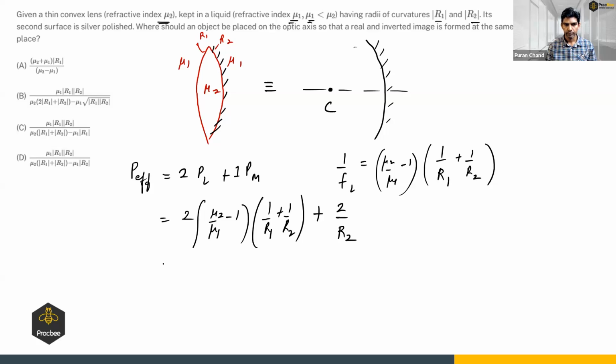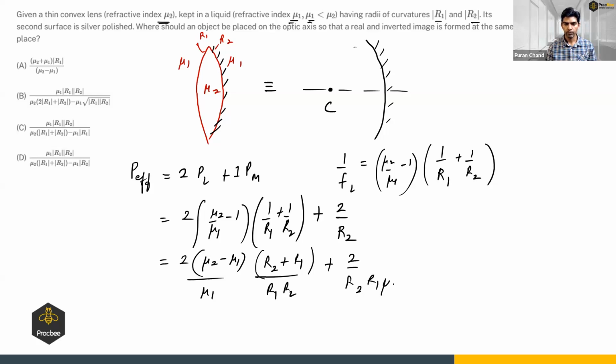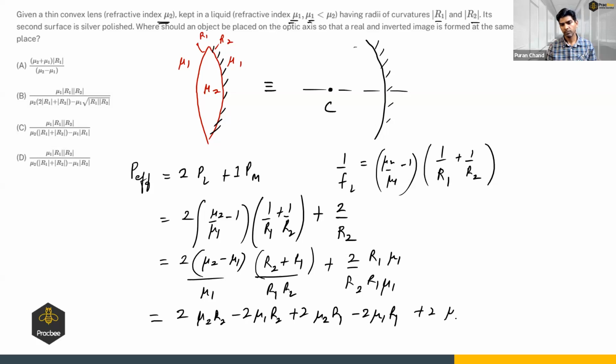Now we have to simplify. 2 times (mu2 minus mu1) by mu1 times (R2 plus R1) by R1 R2 plus 2 by R2, which is 2 R1 mu1 by R1 R2 mu1, right? So this will be 2 mu2 R2 minus 2 mu1 R2 plus 2 mu2 R1 minus 2 mu1 R1 plus 2 mu1 R1, divided by mu1 R1 R2. Which terms are getting cancelled out?